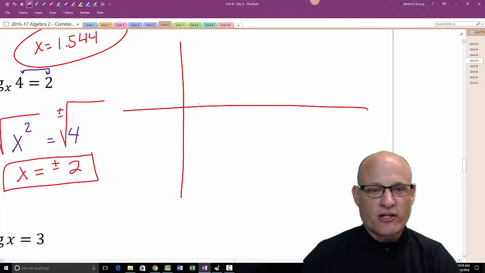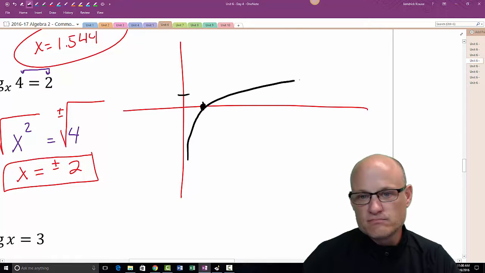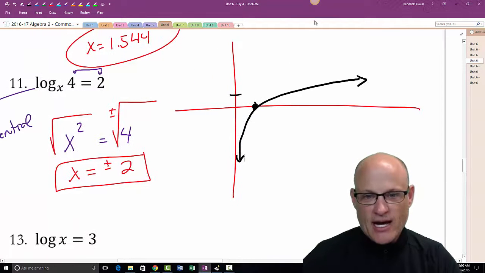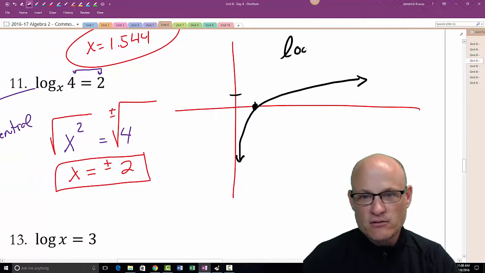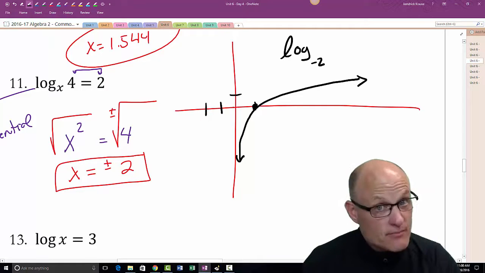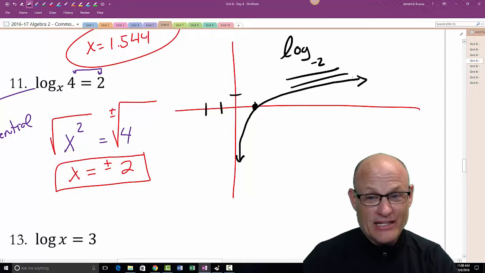You told us yesterday all log functions go through the point 1, 0, and they look like this. Now, unless you were lying to me, we got a problem here. Because you just said, I'm going to do log base negative 2. Negative 2's over here. I can't get there. Base negative 2? What does that even mean?